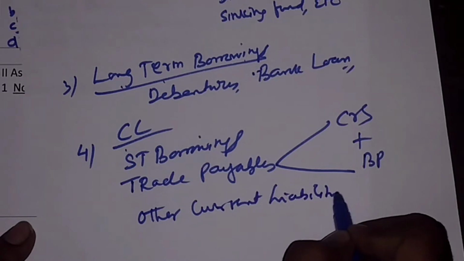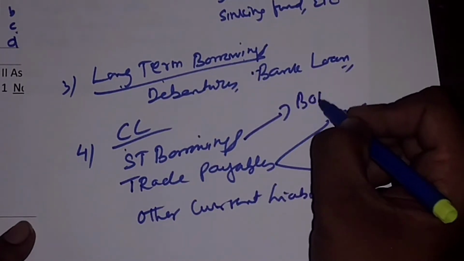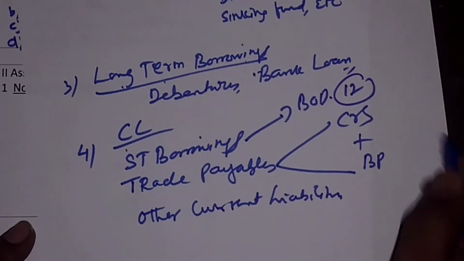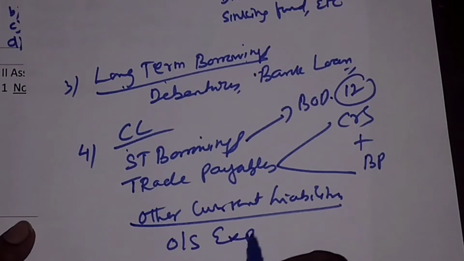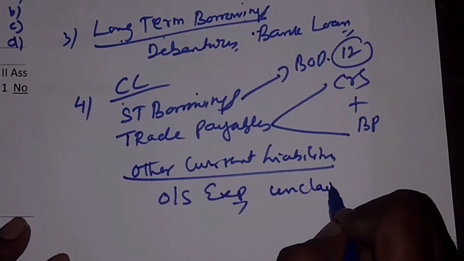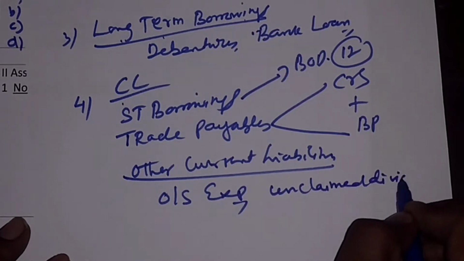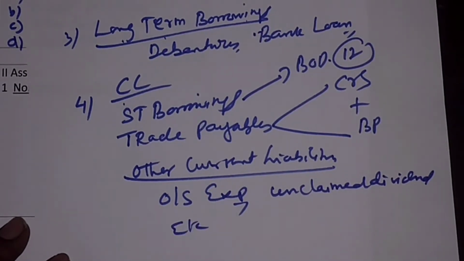In short-term borrowings, we get bank overdraft and any borrowings which are less than 12 months. Other current liabilities are outstanding expenses, unclaimed dividend, etc.